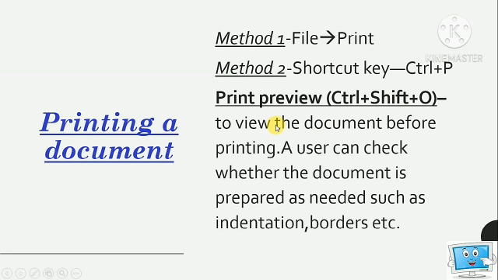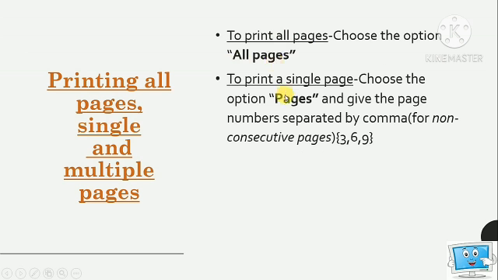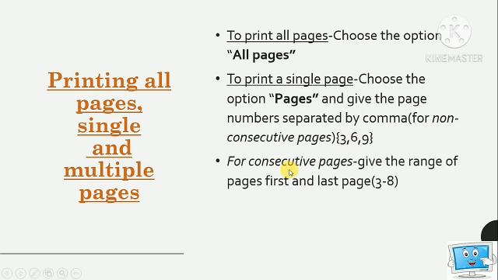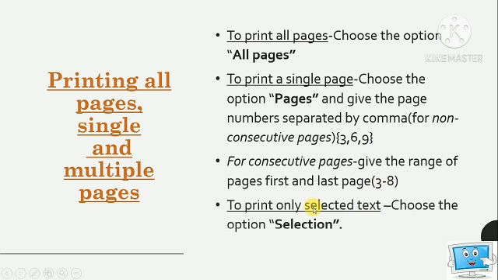The next topic is printing all pages, single and multiple pages. To print all pages, we have to choose the option all pages. To print particular pages, we have to choose the option pages and give the page numbers separated by commas. For example, I am having a document which contains 10 pages.